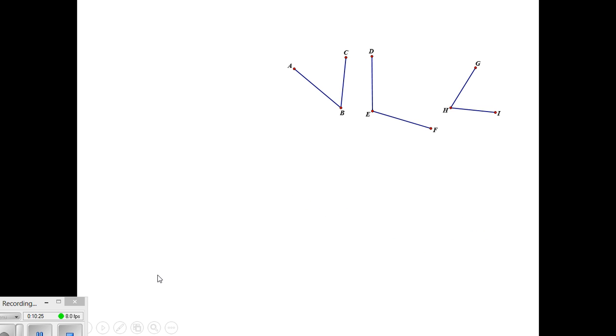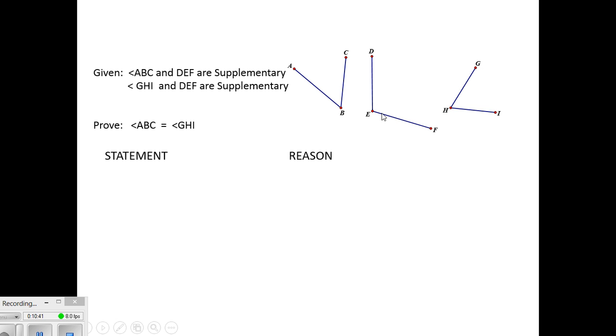Let's do another one. Okay, here we'll give you 3 angles. We say there are 2 pairs of supplementaries, ABC and DEF, along with GHI and DEF.